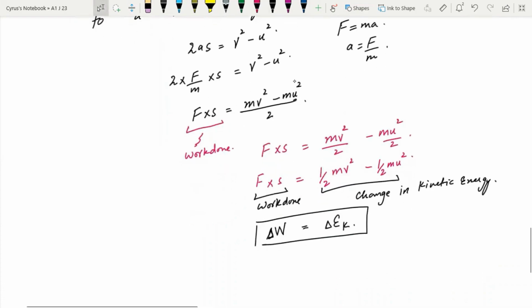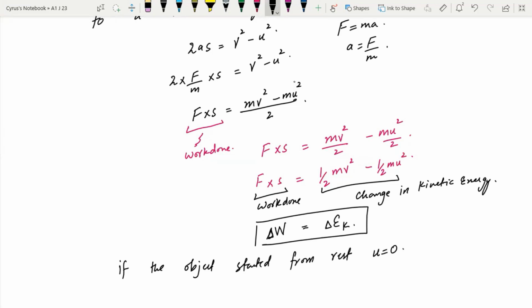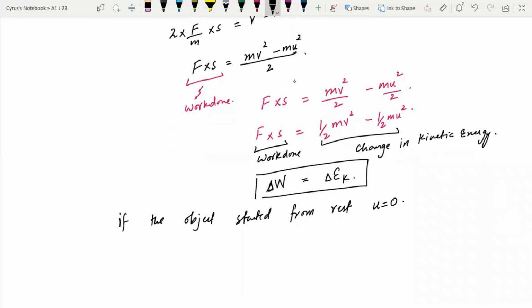If the object started from rest, then you should know that u is 0. So the work done is equal to half mv square.